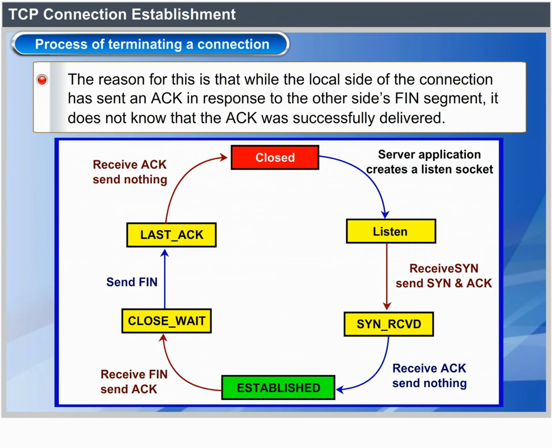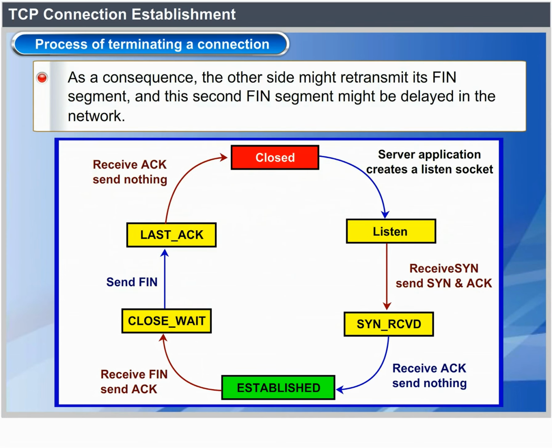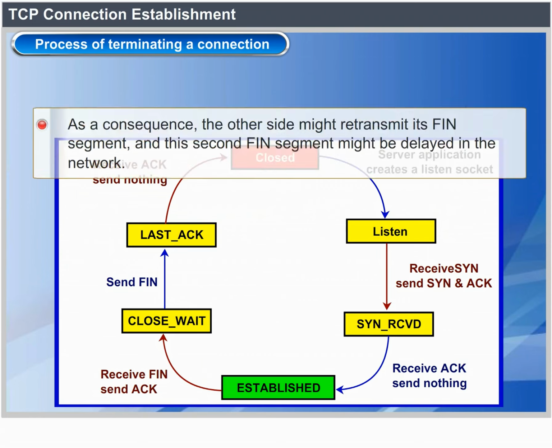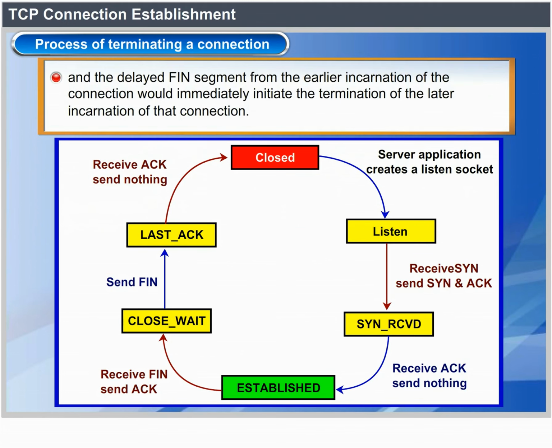As a consequence, the other side might retransmit its FIN segment, and this second FIN segment might be delayed in the network. If the connection were allowed to move directly to the closed state, then another pair of application processes might come along and open the same connection, and the delayed FIN segment from the earlier incarnation of the connection would immediately initiate the termination of the later incarnation of that connection.